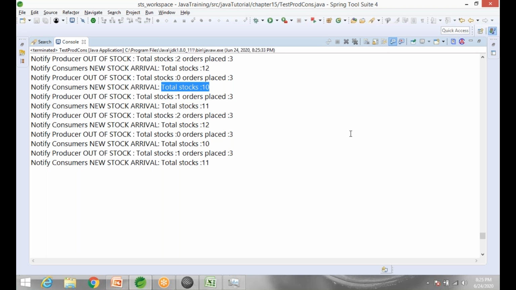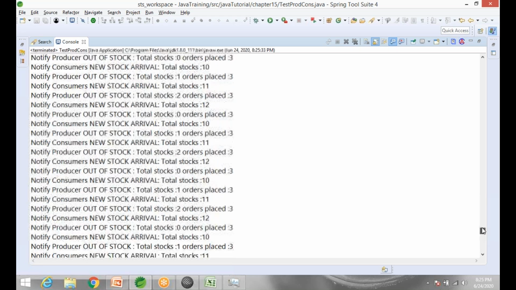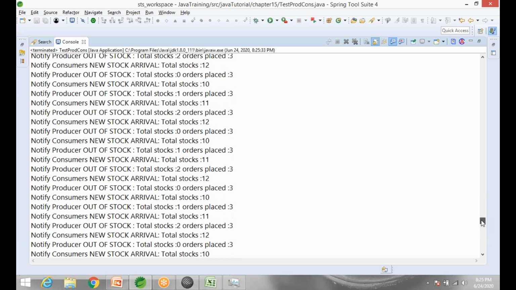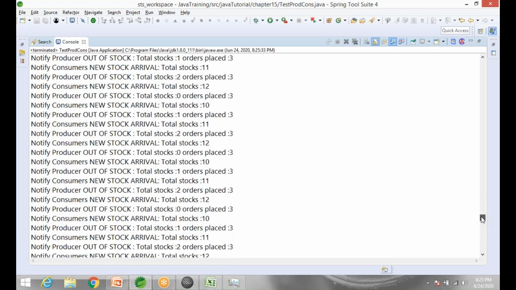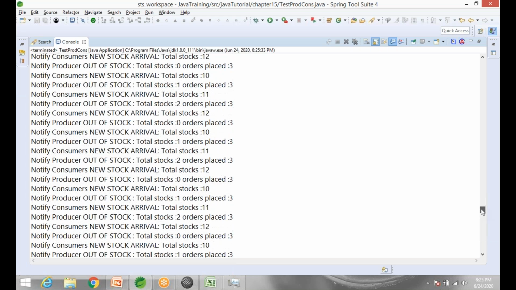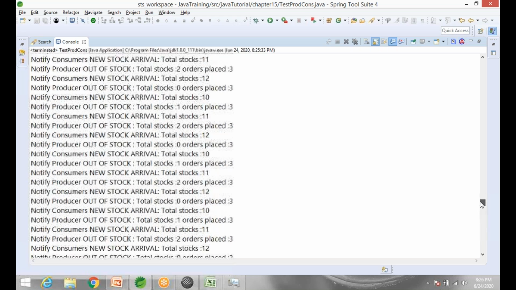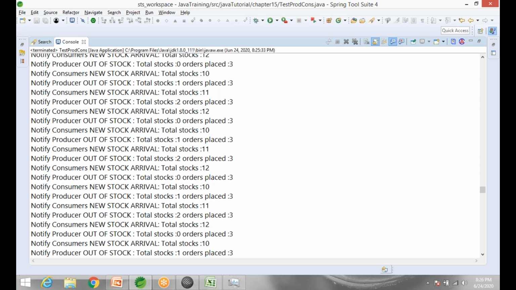Look at the total stocks. Make sure your total stock never goes negative and never crosses 20. Did it ever go negative? No. Did it ever cross 20? No. So that's a perfect balance.